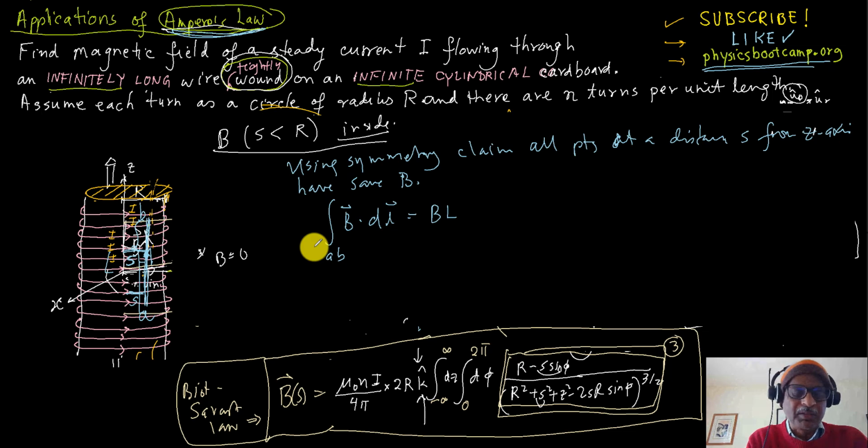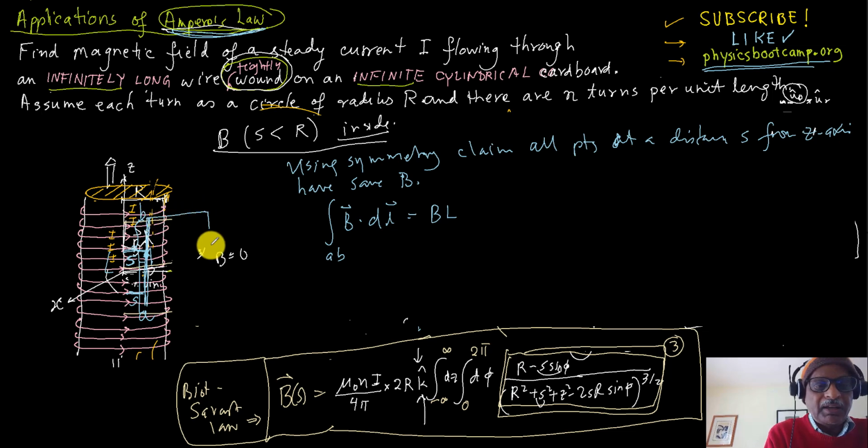But this is not a closed loop yet, so I need to think of a closed loop, and it suggests that I go through here so that I can enclose a current. I want to take a loop that encloses current.